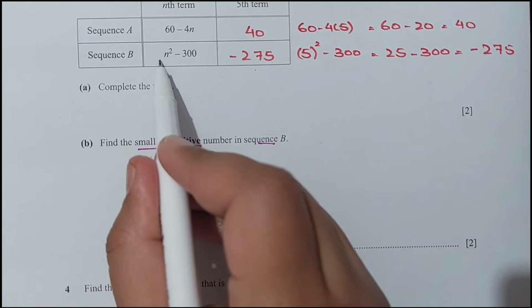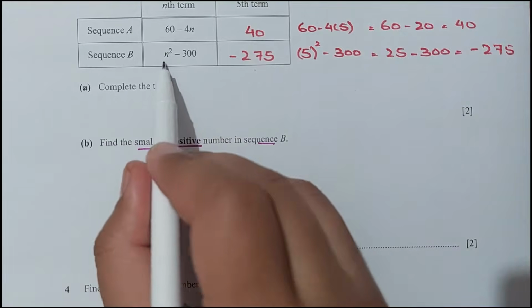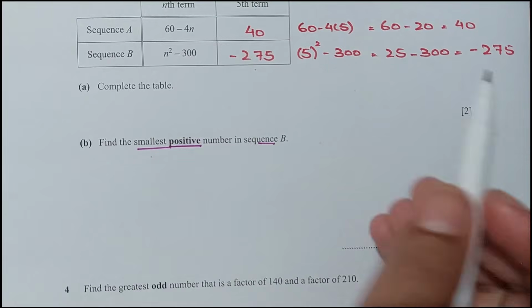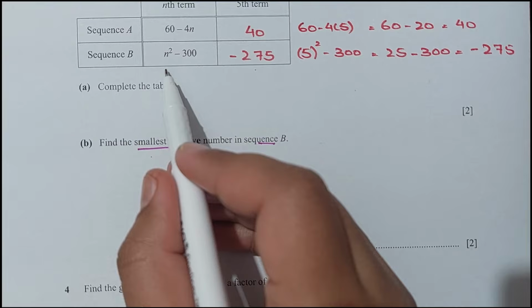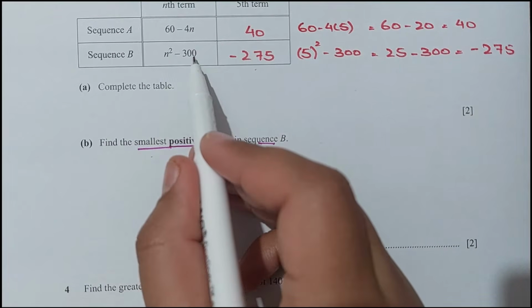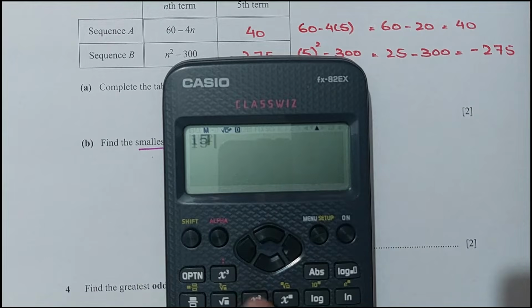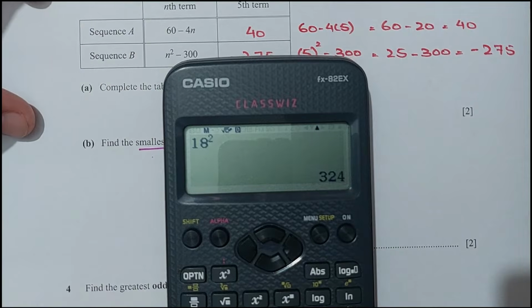So n squared subtracted from 300 must give a positive one. 1 squared, 2 squared, 3 squared, 4 squared, 5 squared, all of them will be negative. 6 squared is 36, 7 squared is 49, 8 squared is 64, 9 squared is 81. So the square should be less than 300. Which number squared is close to 300? Let me check 15. No. Let me check 18. Yes, 18 squared. What about 17?